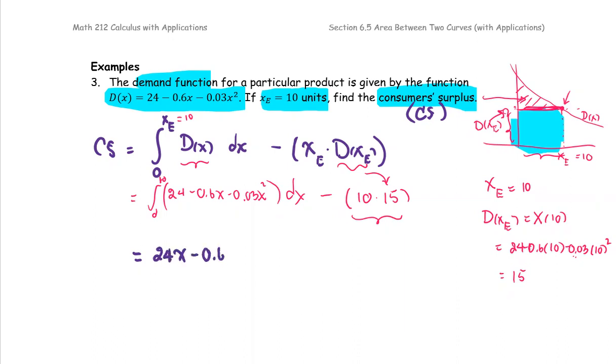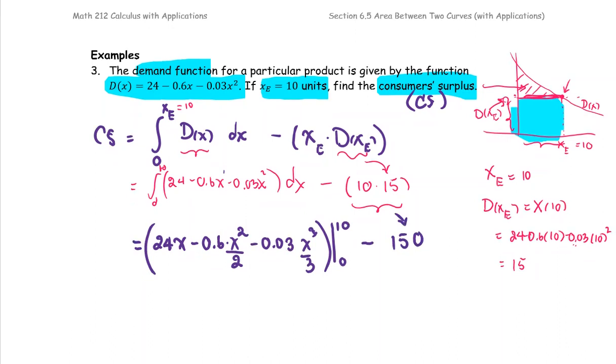The second, a constant multiple of 0.6x: the power 1 becomes 1 plus 1, which is power 2, divided by 2, minus another constant multiple, 0.03 times x to the third over 3. Evaluate from 0 to 10 and then subtract 150, which is the product of 10 and 15.